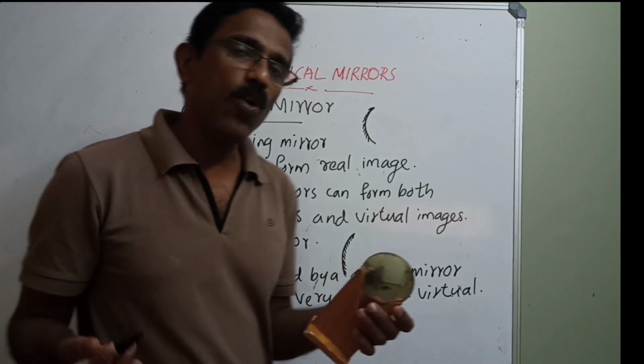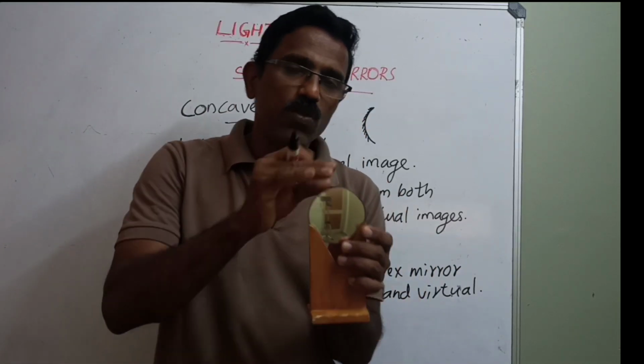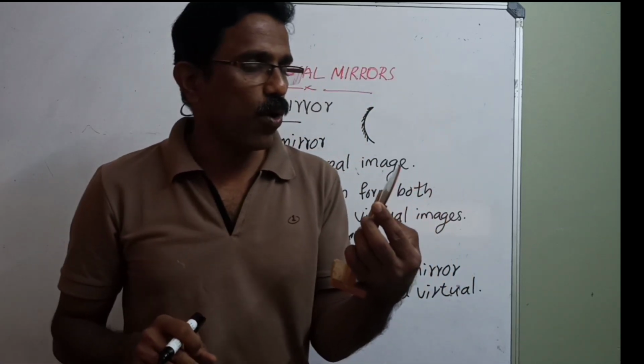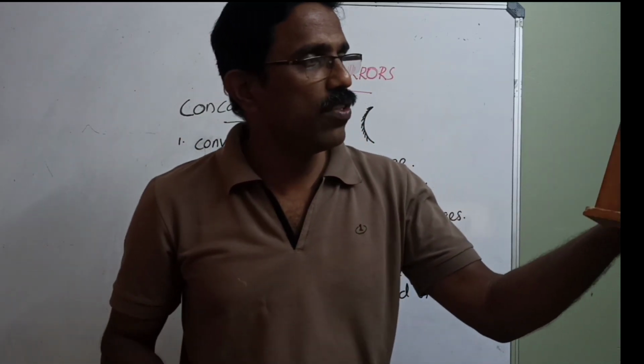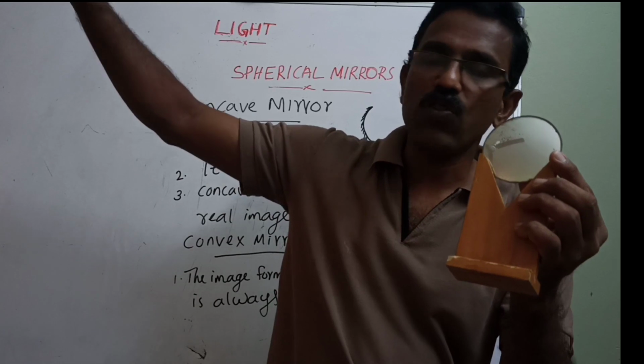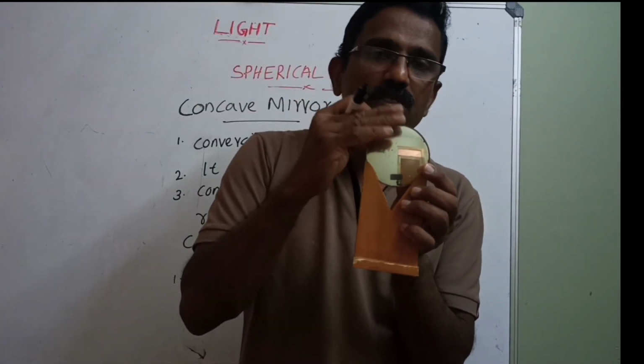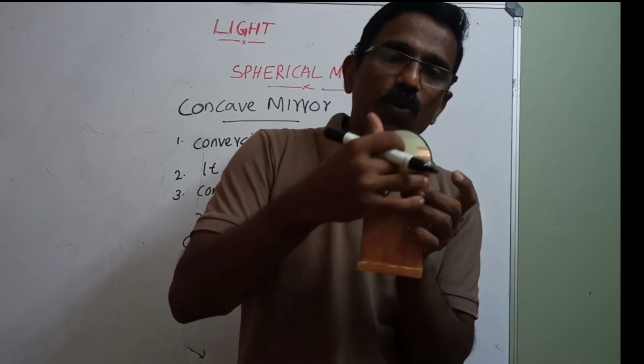Virtual means we cannot obtain it on a screen. You have seen this type of mirror, but another characteristic property, you can see the image here. This is an image of a larger area. The image of a large area can be seen by using a convex mirror.